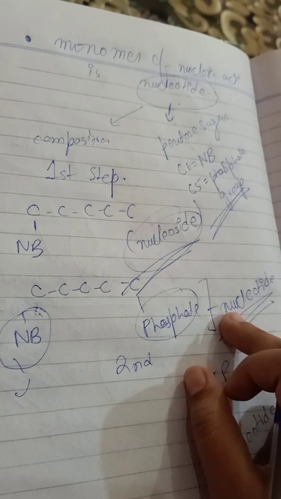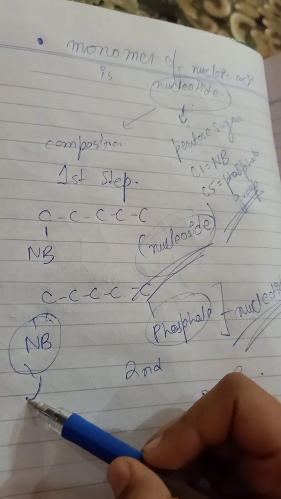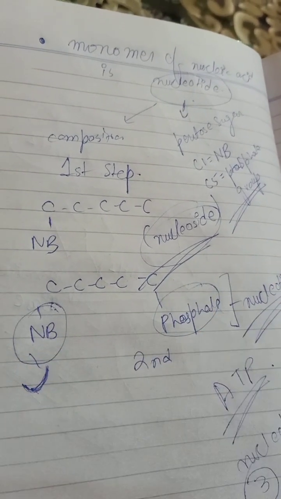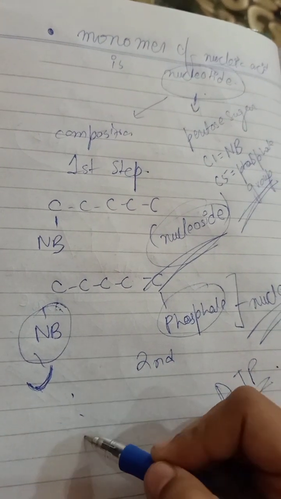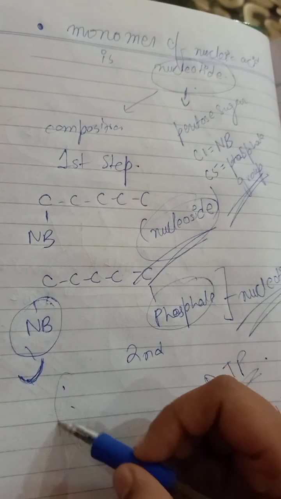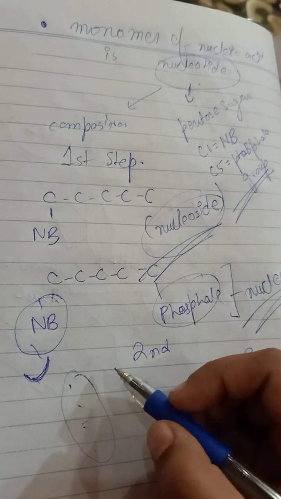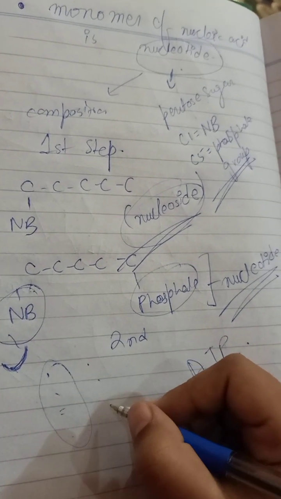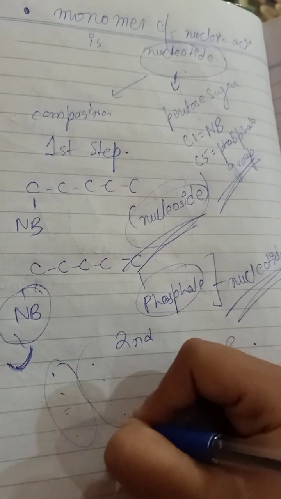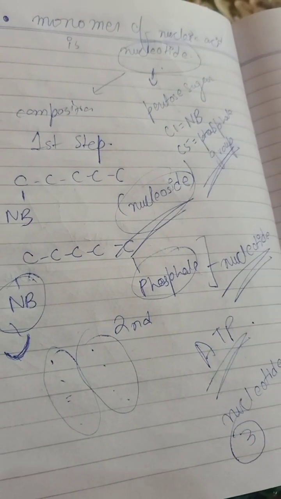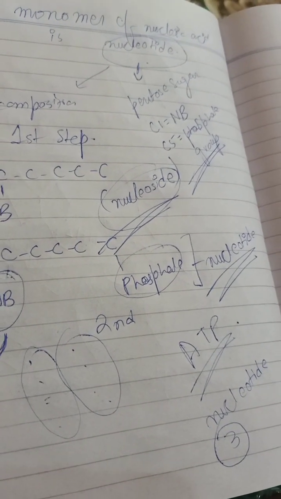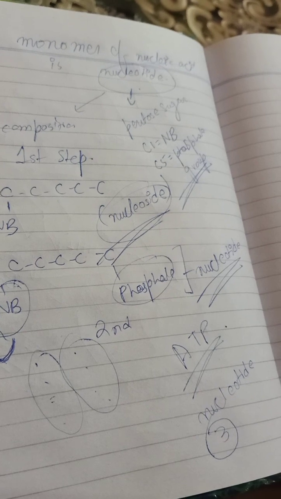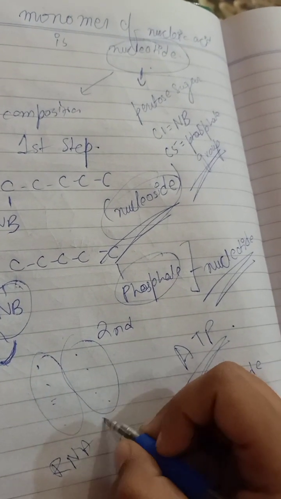If uracil is present, it can be easily identified that this is RNA. If the bases are adenine, guanine, cytosine, thymine, this is DNA. And if the nitrogenous bases are adenine, cytosine, uracil, guanine, this is an RNA nucleotide. These nucleotides make the polynucleotide, which can be RNA as well as DNA.